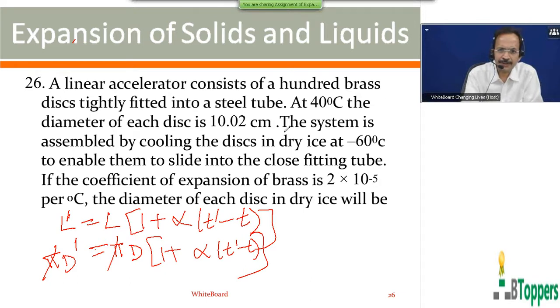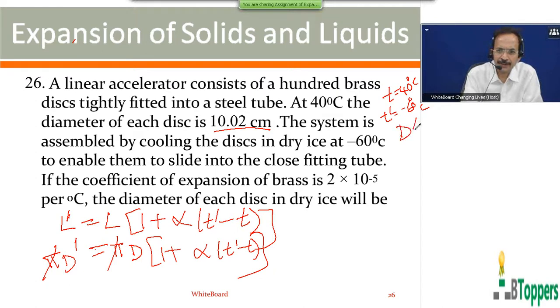So the original diameter at the first temperature T, which is 40 degrees centigrade, is D equal to 10.02 centimeters, and T dash is minus 60 degrees centigrade. And alpha for the material, that is brass, is 2 into 10 power minus 5.